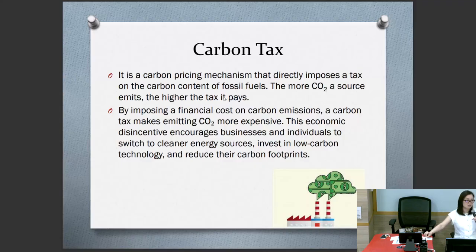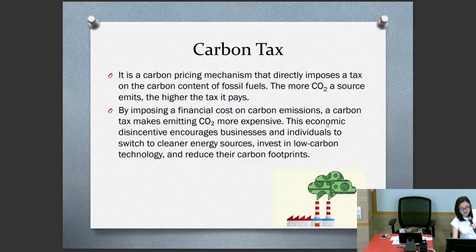So if you don't use the clean technology, and just burn the coal for the manufacturing, then you are emitting more carbon dioxide, and the whole cost of manufacturing the product will be more expensive, because we want to include the impact on the environment in the cost of that product.